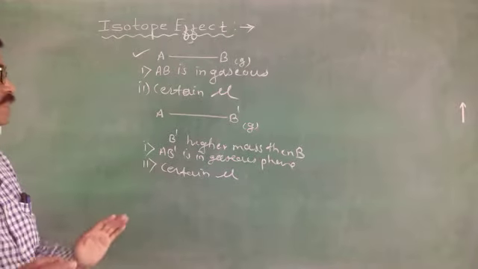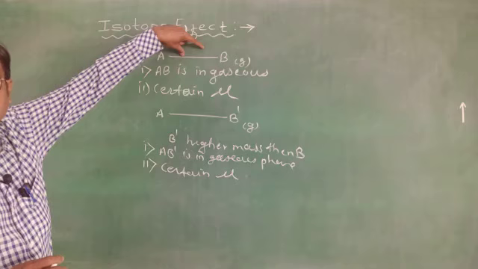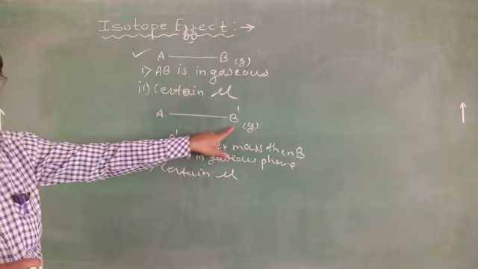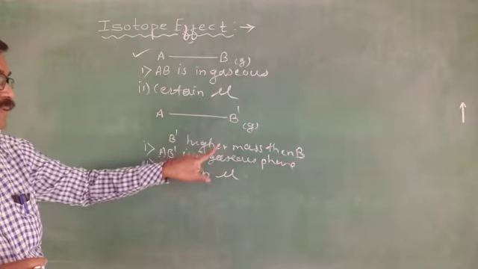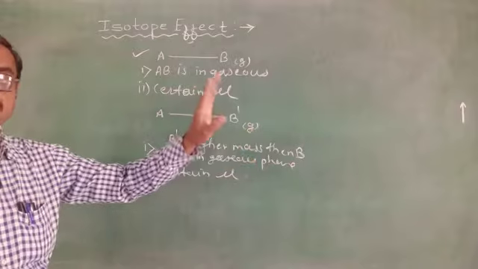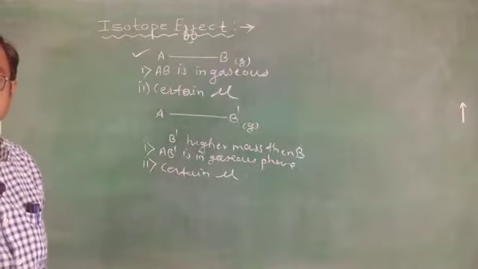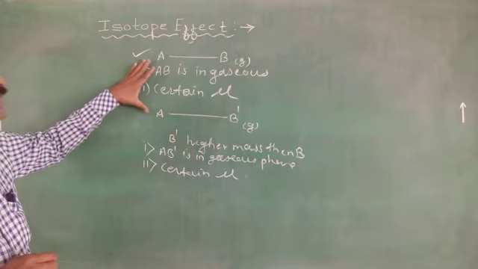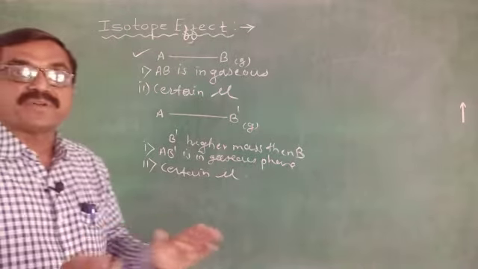So in a heteronuclear diatomic molecule, when one of the atoms is replaced by its isotope with higher mass than the initial atom, it is observed that the rotational spectra of these two isotopes are different.